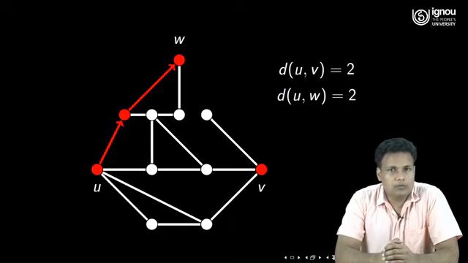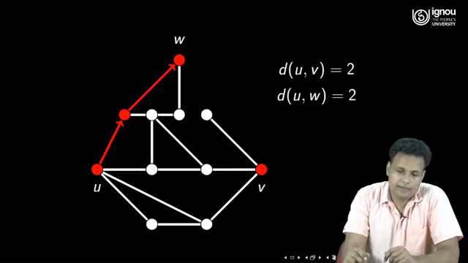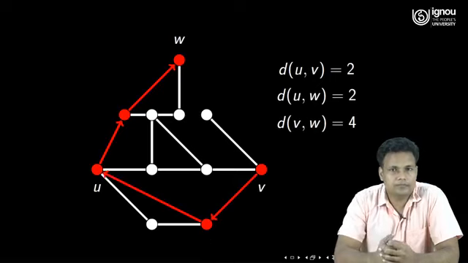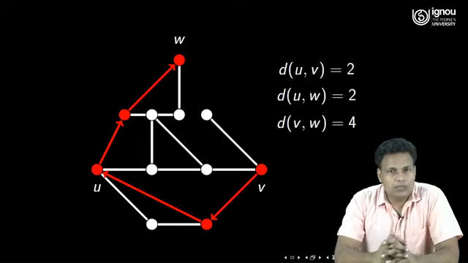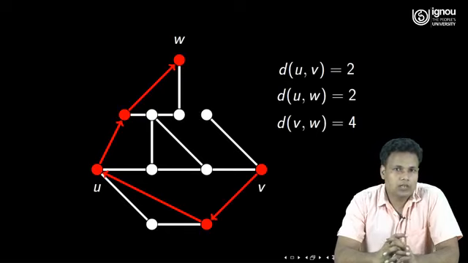The shortest path from v to w is this one. It has 4 edges, that means it has length 4. Of course, this is not the only path from v to w. There is one more path you can see, which also has length 4. So the distance between v and w is 4.